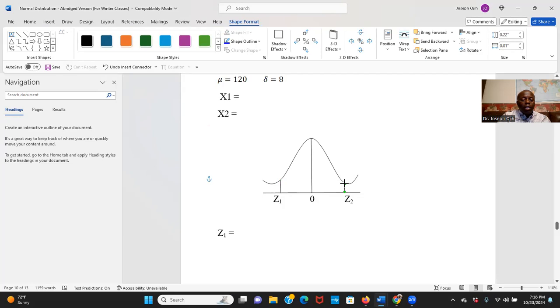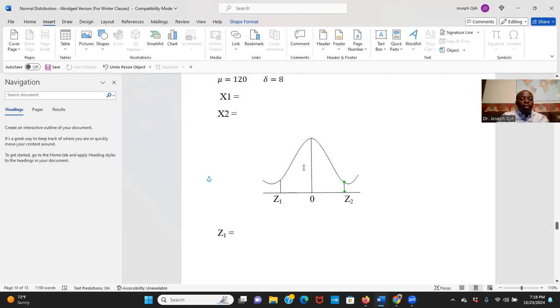Because they say the middle 60%, we're looking at 30% on both sides, right? So we're going to have 30% here on the left side, and on the right side, another 30%.